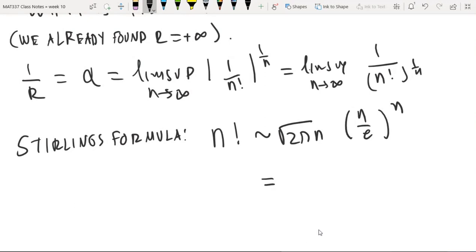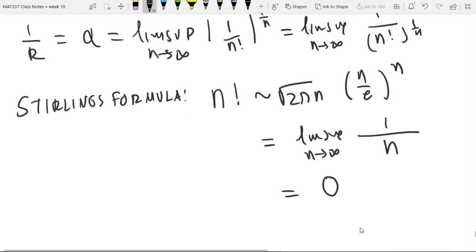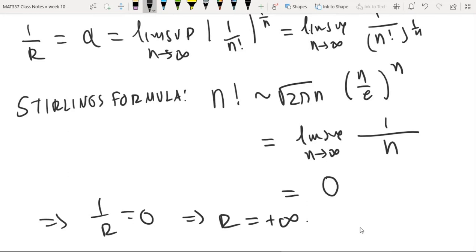So that means that you get lim sup of, the point is you can ignore all the other guys and you're just left with 1 over n. And so you get 0. So that tells you that 1 over r is 0, which tells you that r is plus infinity. Okay with everyone? You can just tell me. We don't have to go really fast.